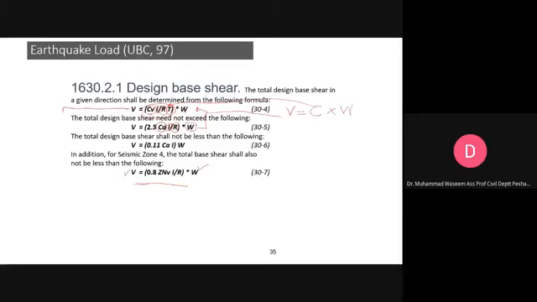This is called the design base shear. There is an upper bound to this base shear; it should not exceed this value, and it should not be less than a particular value. If your building is placed in zone 4, then you have to use this formulation to compute the design base shear.